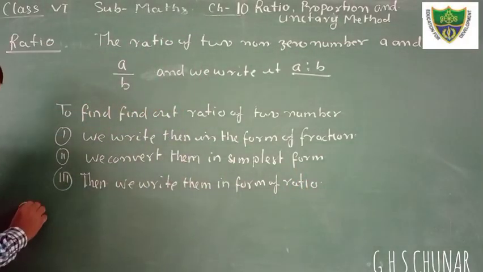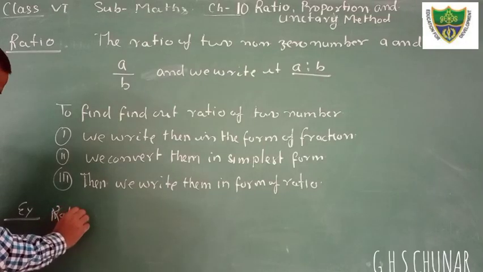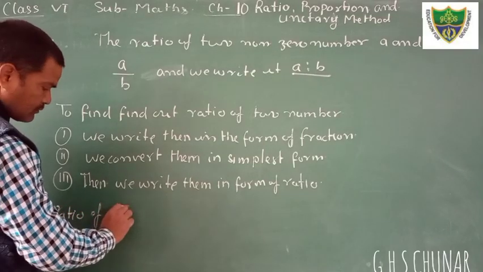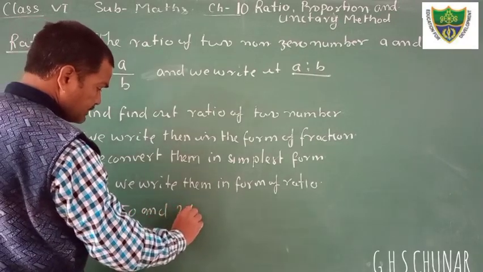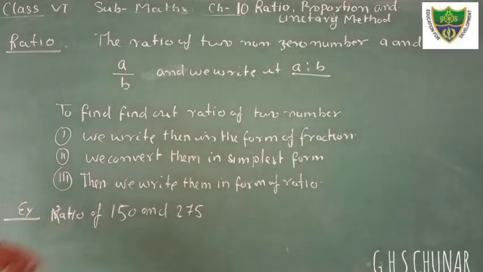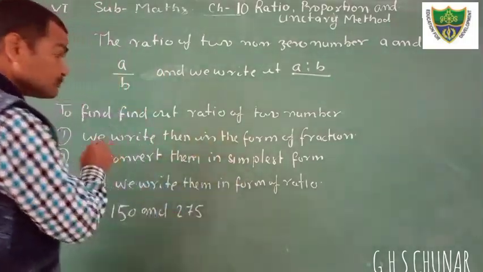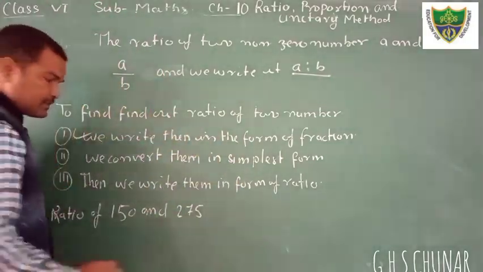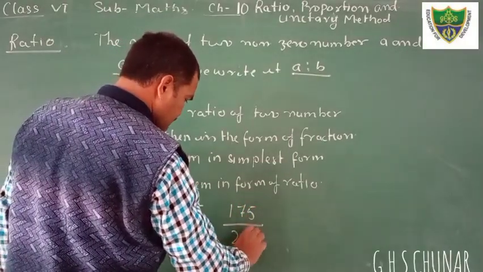Example: the ratio of 175 and 275. Find out the ratio of these two numbers. First, we write it in the form of a fraction, so we write 175 upon 275.